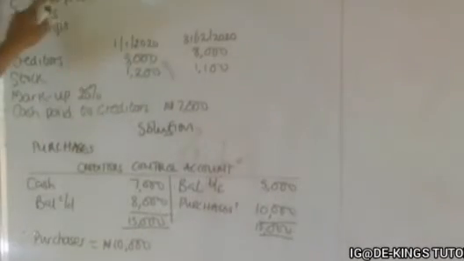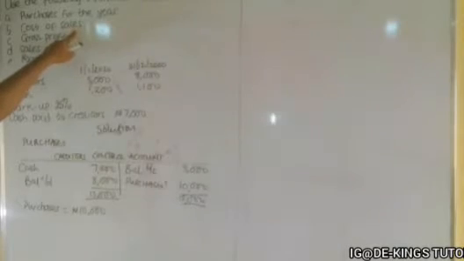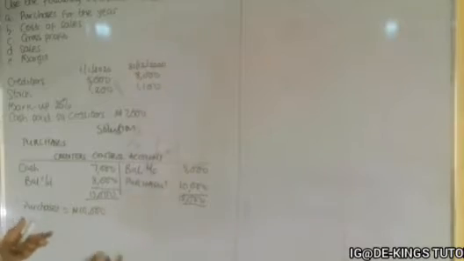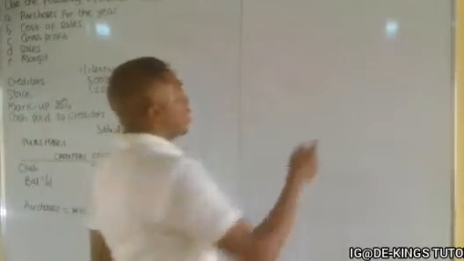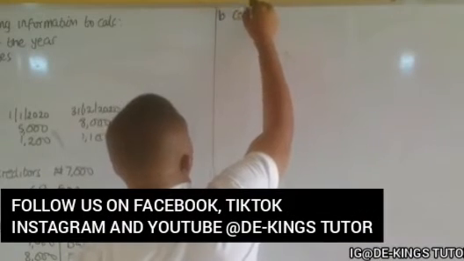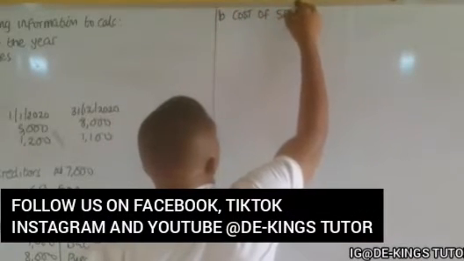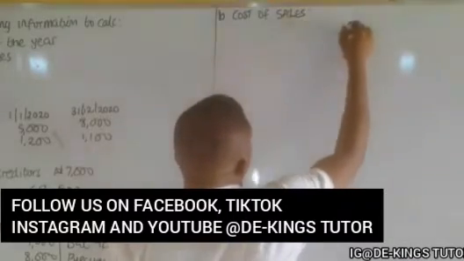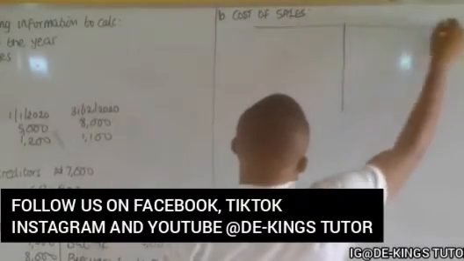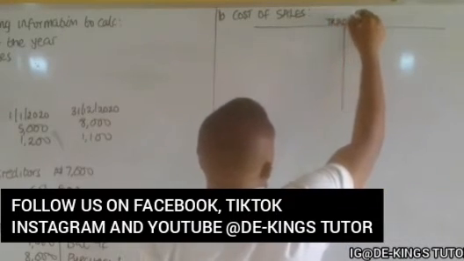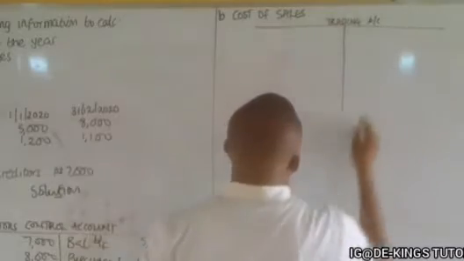Okay. The next one is the cost of sales, also known as the cost of goods sold. We can do that with the trading profit or loss account, that is, preparing the trading account.